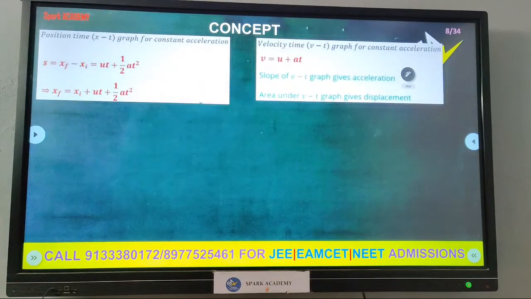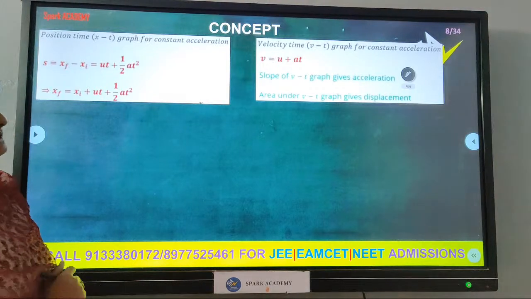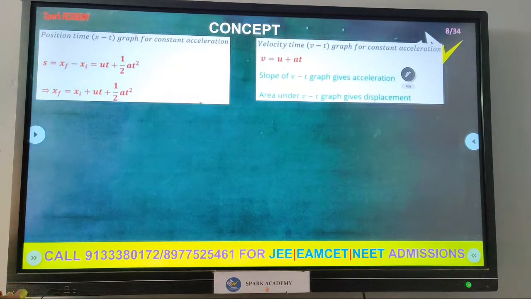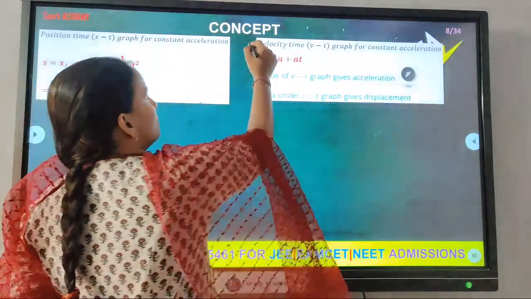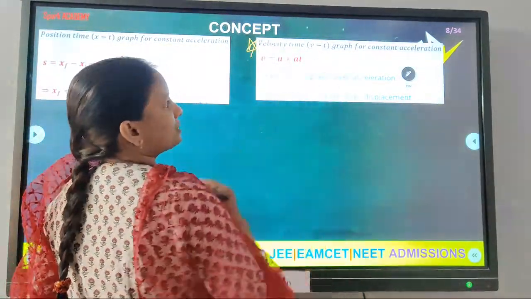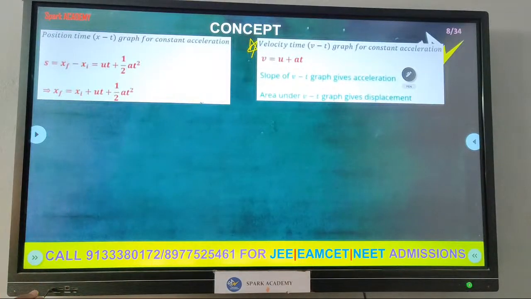Next, one more concept, graphical representation questions. These are very important. You must look into velocity time graph questions for constant acceleration.